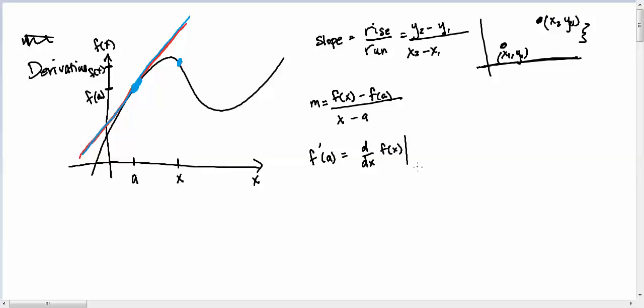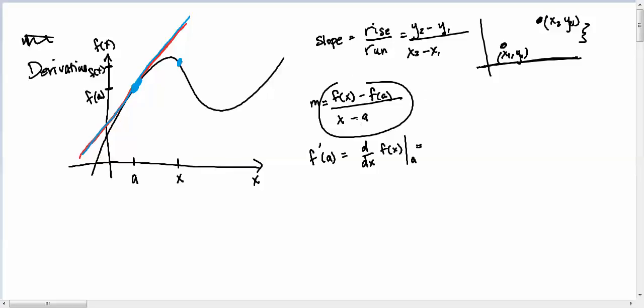This is saying I'm taking the derivative of this thing with respect to x, and that's equal to this right here. But not just this. This is the slope of the blue line, right? Yeah. What I want is the slope of the red line.